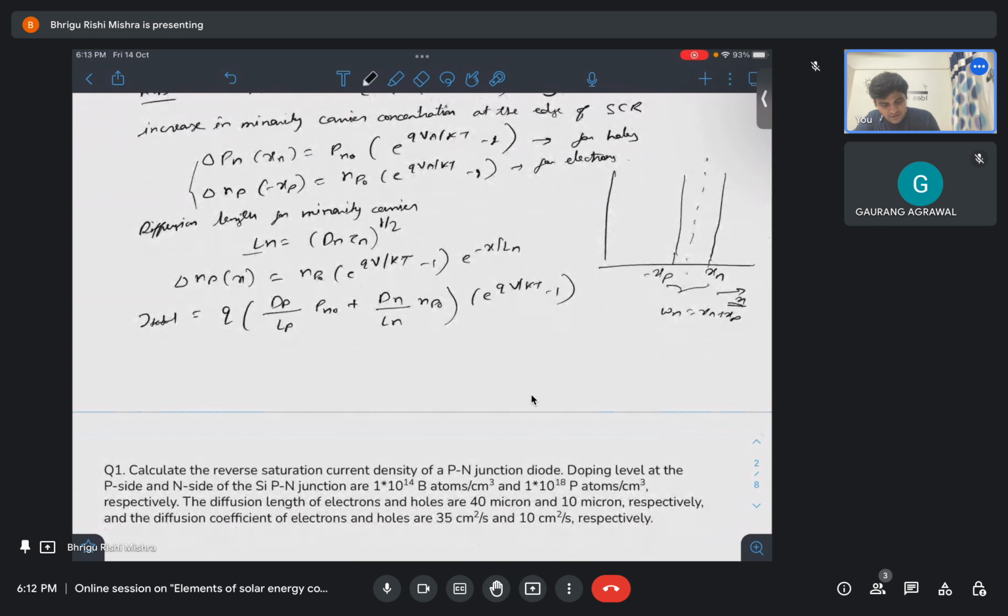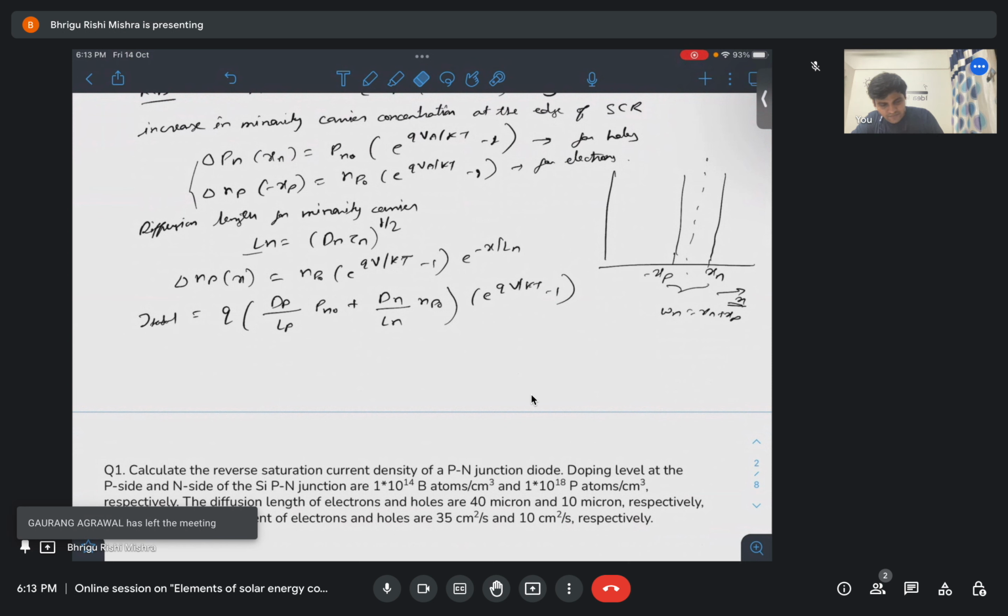Here J naught is the saturation current density, so this portion is J naught.